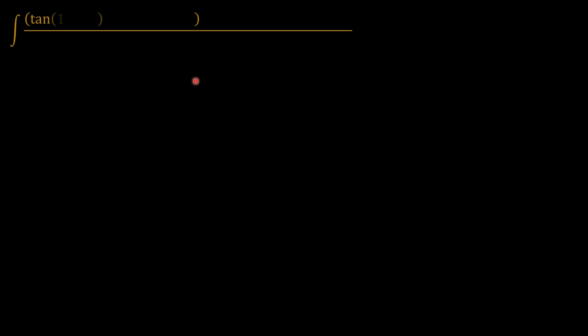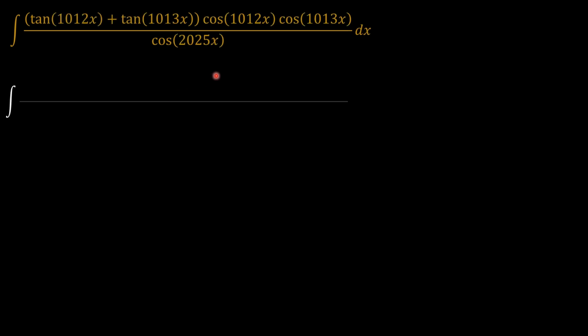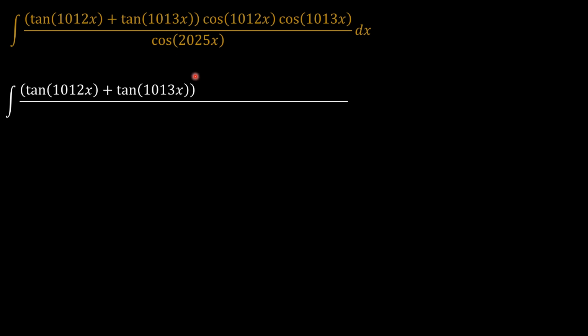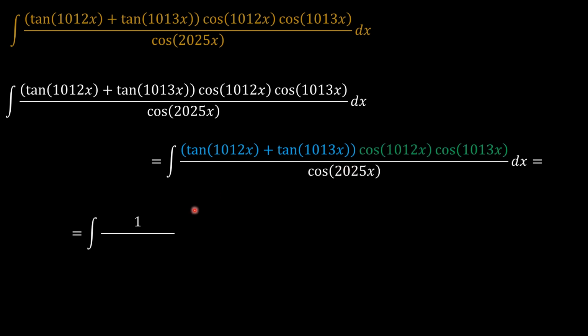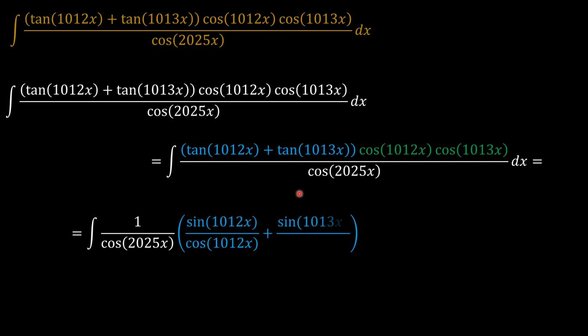The thing I would do with this problem is look at expanding the tangent part of the problem. I'll label it as the blue component here, and what this essentially is, is sine 1012x over cosine 1012x, plus sine 1013x over cosine 1013x, close bracket.